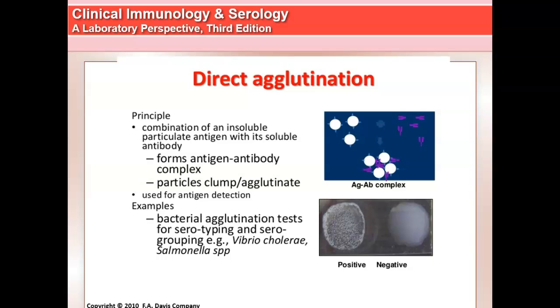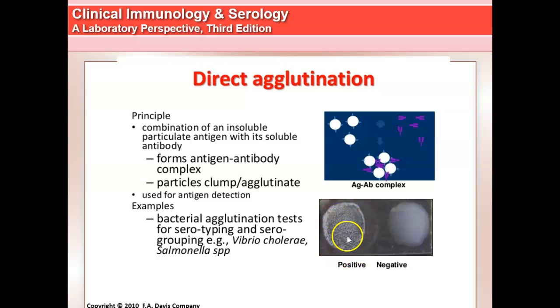So the principle of direct agglutination is that you combine an insoluble particulate antigen with its soluble antibody. So what we have here is bacterial particles with the antigen, and they've been combined with patient serum that has the antibody. So the antibody attaches to these carrier particles with the antigens, and they clump together, and so you can see it.